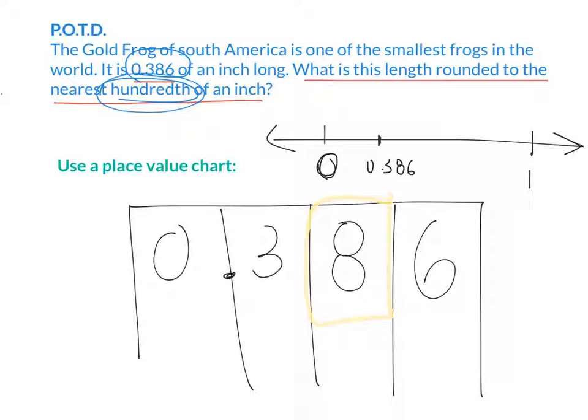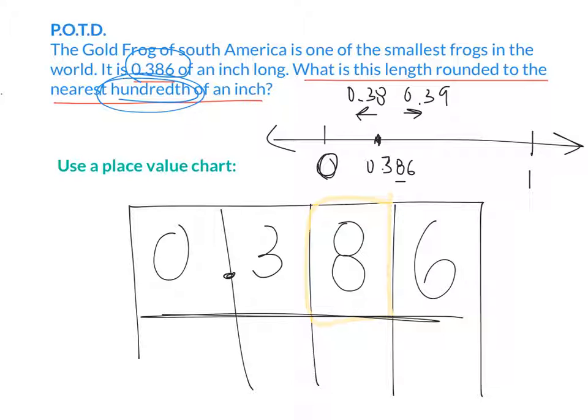Now, if I'm just looking at the hundredths place, where the 8 digit is, what's the closest hundredths that's to the left of 0.386? It'd be 0.38. And what's the closest one that's to the right? 0.39. So when we're rounding, we're looking to see if our given number, 0.386, is closer to 0.38 or 0.39.